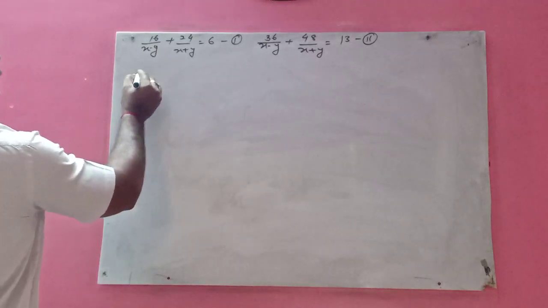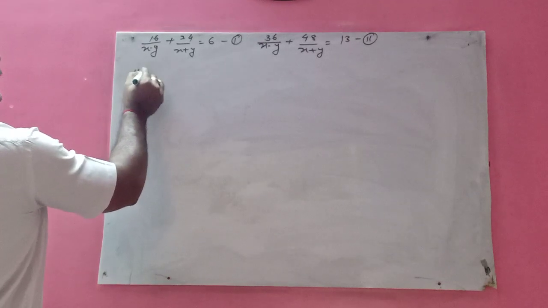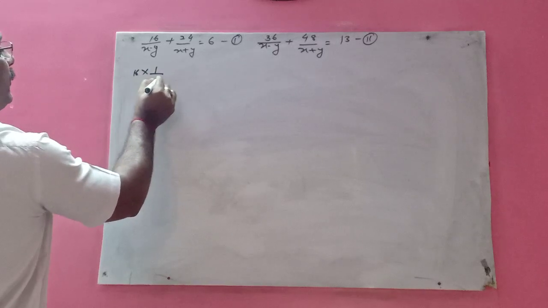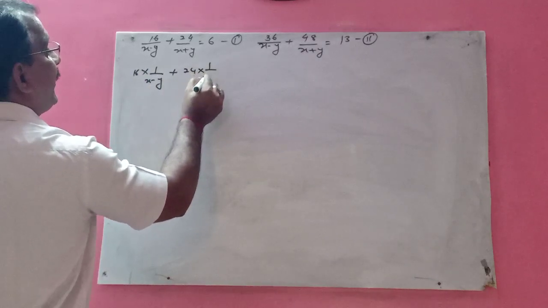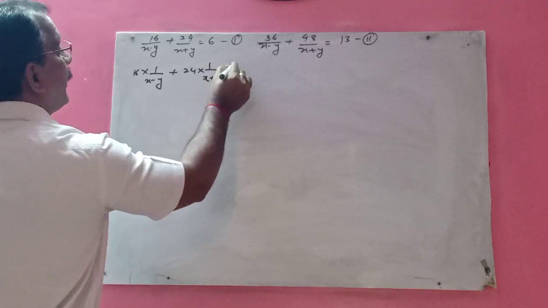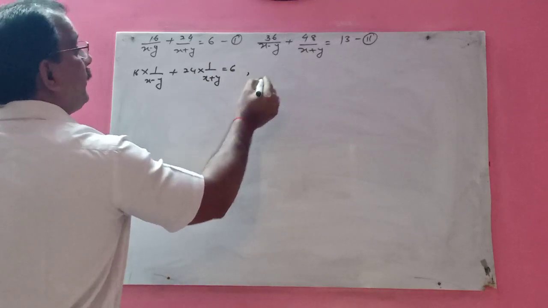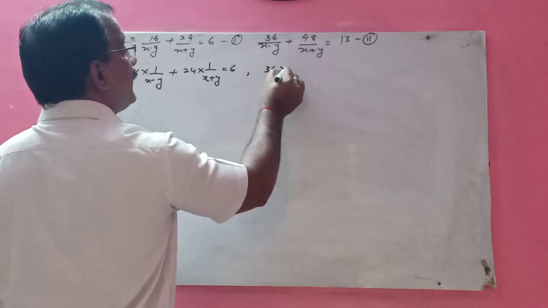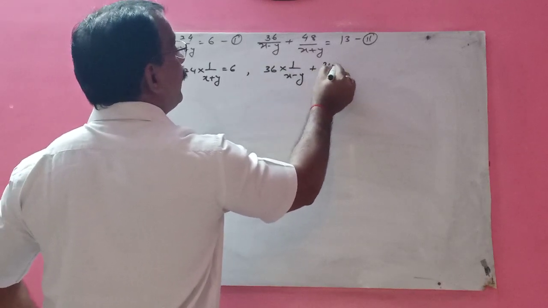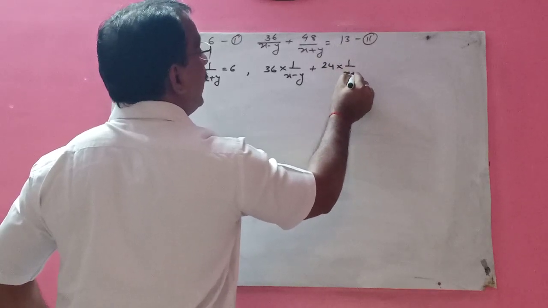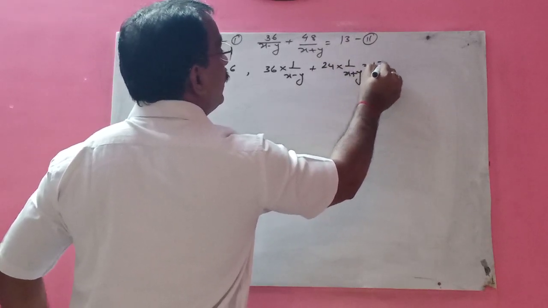This 16 upon x minus y can be written as 16 into 1 upon x minus y, plus 24 into 1 upon x plus y, equal to 6. Here also, 36 into 1 upon x minus y plus 48 into 1 upon x plus y is equal to 13.